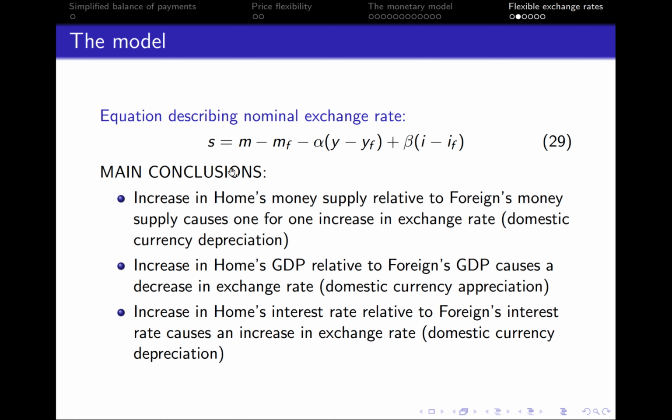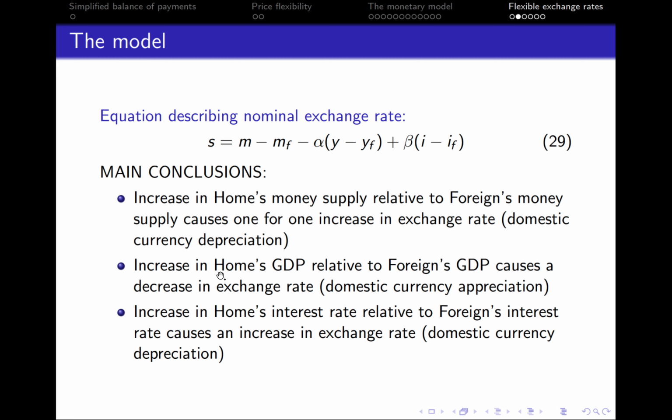First, if money supply at home is increasing faster than money supply in the foreign country, we should see an increase in the domestic exchange rate. So what does it mean? It means depreciation. And look, it makes perfect sense. If there is more of our money on the market than foreign money, then our money is losing value, so we should expect depreciation.